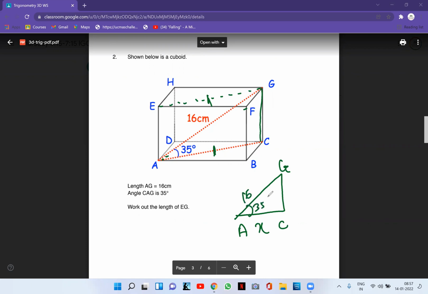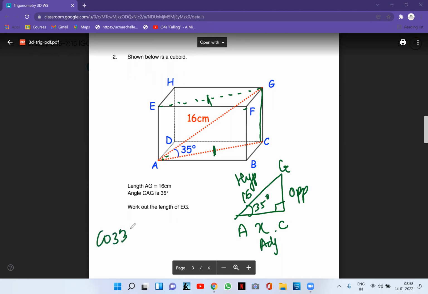This angle is given, which is 35 degrees. And this we know is a 90 degree angle. So this is my opposite, this is adjacent and this is hypotenuse. I want to find the adjacent, and I have the hypotenuse, so I can apply the adjacent over hypotenuse formula, which is the cos formula.